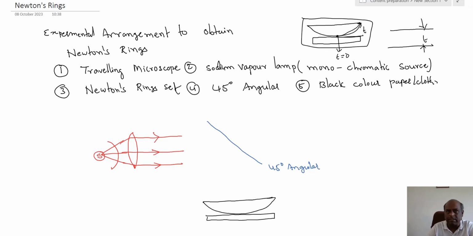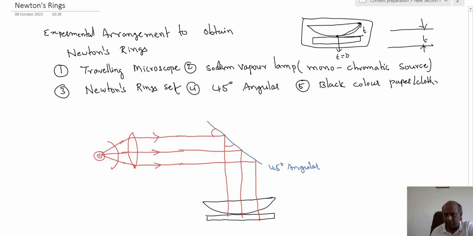So what is happening is the angle of incidence is going to become 45 degrees, and the angle of reflection is also going to become 45 degrees. In total it is undergoing 90 degrees reflection, and now this light is falling on the Newton's rings set.